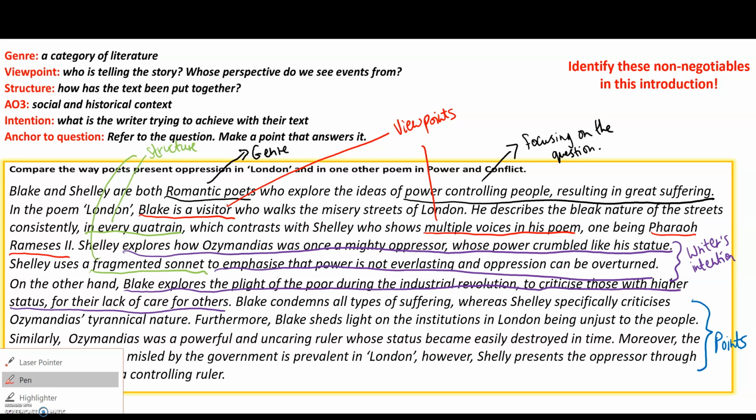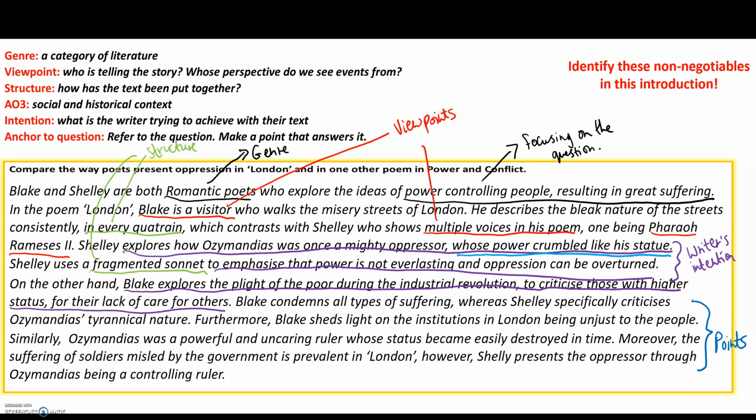Okay, I hope that we have been able to see it. What I've done is, for my writer's intention, I've merged AO3 together. So specifically, I'm going to use blue pen so we can see it. Where we've got whose power crumbled like a statue. That's thinking about historical context. The statue is real. Okay, do bear that in mind. The statue that Shelley is talking about is real.